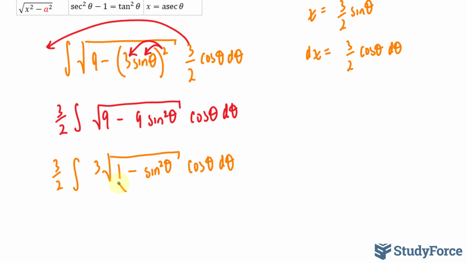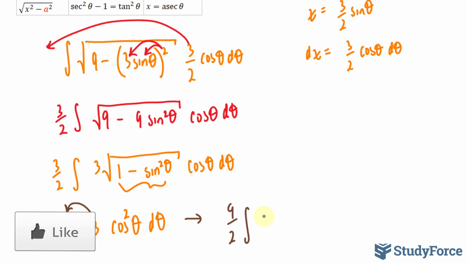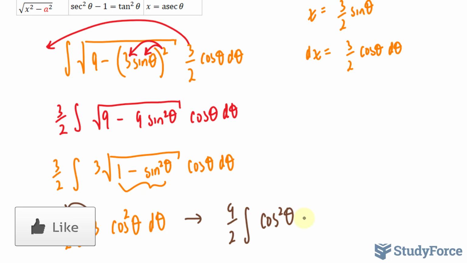So I'll replace this expression with cosine squared theta, and if you're square rooting a square, you're going to end up with the base. So we have 3 over 2, the integral of 3 cosine theta, which is cosine squared theta, d theta. I'll pull out this 3, giving us 9 over 2, the integral of cosine squared theta d theta.